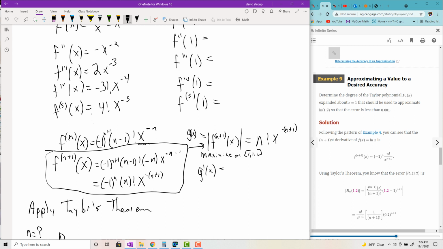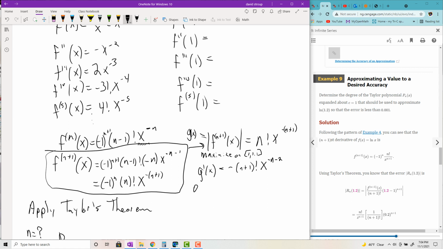Okay, so anyways, g prime of x is going to be negative n plus 1 times n factorial, which will be n plus 1 factorial times x to the negative n plus 1 in parentheses minus 1. So it's just going to end up being negative n minus 2. This thing on that interval is always negative, right?